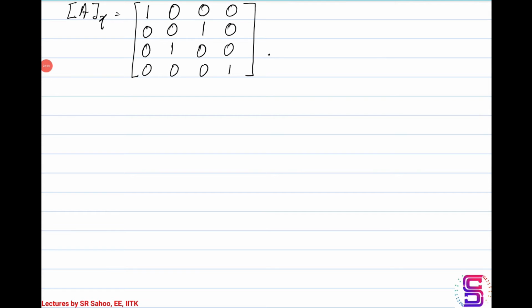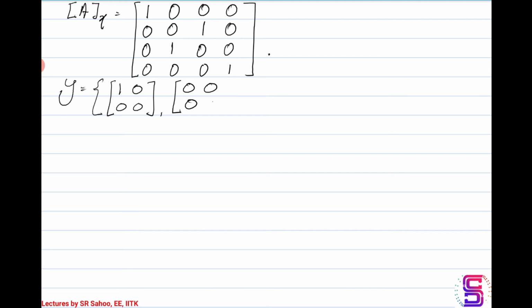Similarly, let's consider another basis for the matrices. So let's have 1 0 0 0, 0 0 0 1, 0 1 1 0, and 1 1 0.